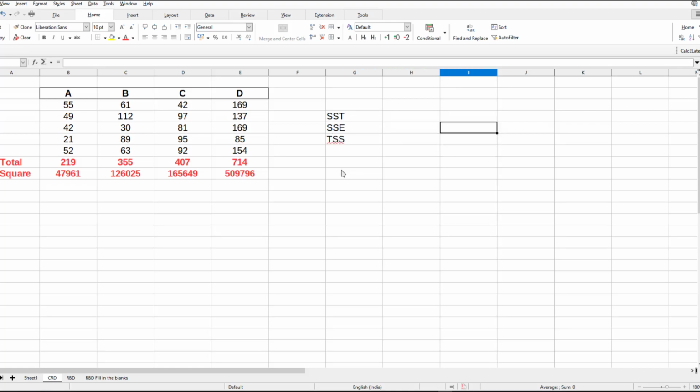Once these values are obtained, we need the mean square due to treatment and the mean square due to error. Once these 2 values are obtained, we can calculate F, which will be MST divided by MSE.